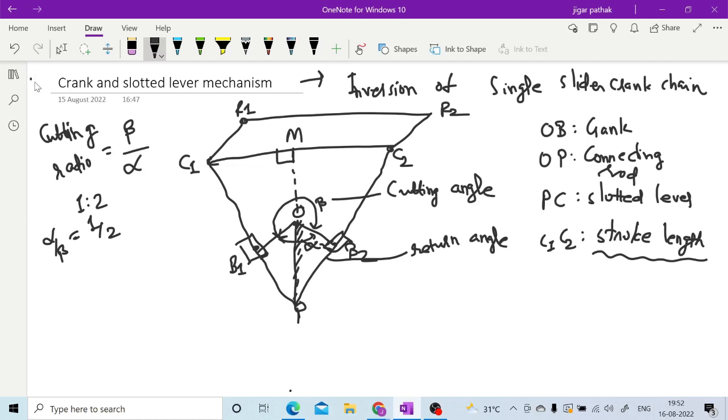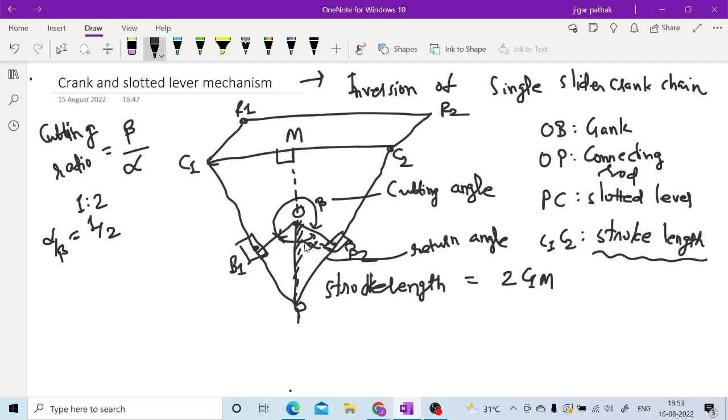Okay. So now if we want to calculate this stroke length C1 C2, then it is actually symmetric. So 2 into C1m is equivalent to your stroke length. So stroke length will be equal to 2 into C1m, because C1 C2 is nothing but 2 into C1m.